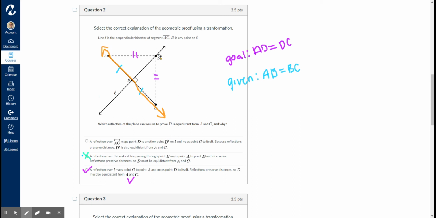It says it would map point D to another point D prime on the line L, map point C to itself, also true. It says because reflections preserve distance, D prime is also equidistant from A and C, but we don't know that D is equidistant from A and C, so this assumes the thing that we're trying to prove.